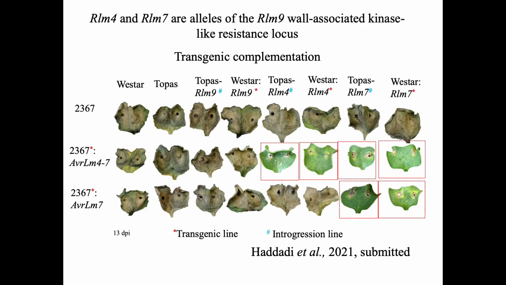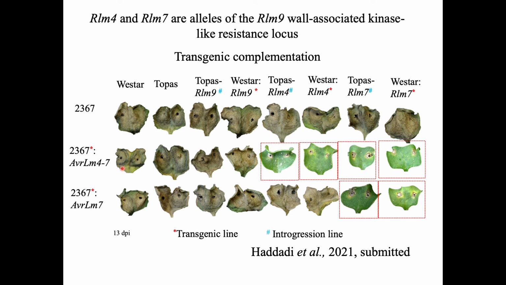We transferred those genomic constructs into WAS, and we tested them against a series of isolates. We used isolate 2367. This isolate doesn't have any AVR genes that correspond to these R genes, so we see a collapse and lesion development.